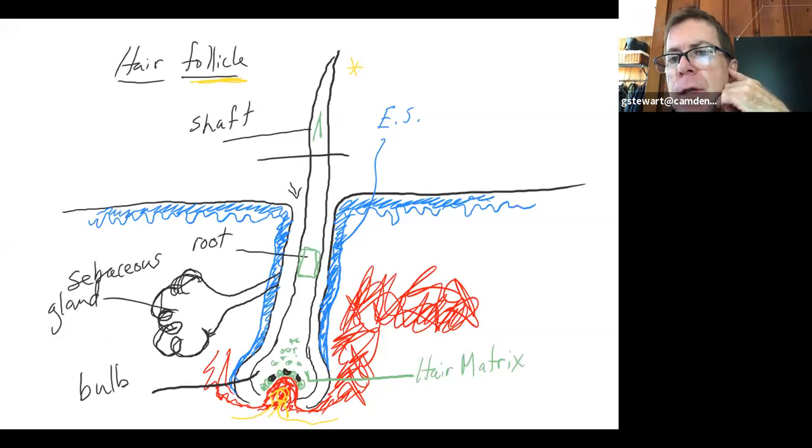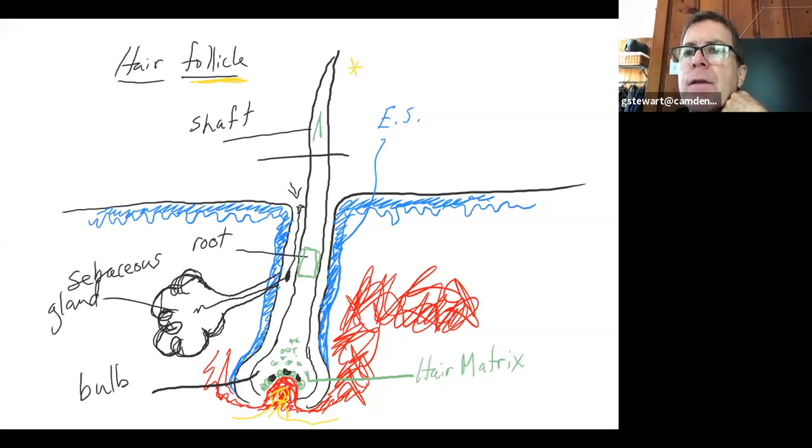So when I just told you that they're concentrated in the face, neck, and upper chest region, that just means each follicle has more of these glands associated with it. So this sebum, this oil-based secretion, is released into this space, and that oil-based secretion called sebum moisturizes the hair itself as well as the skin surface around the follicle.